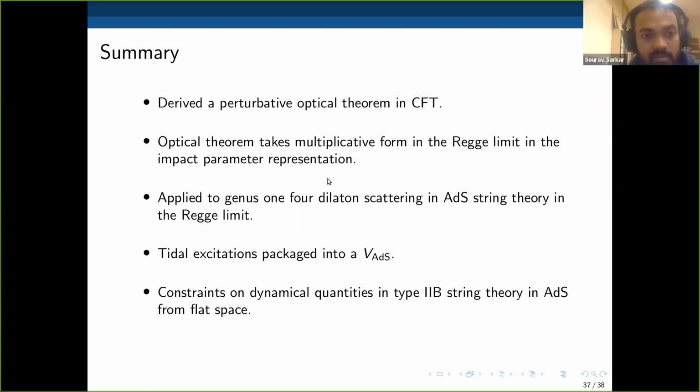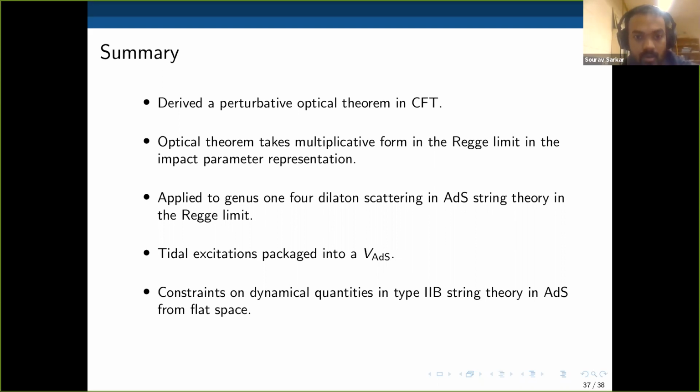Okay, so to summarize what we did, we first started with a perturbative optical theorem in CFT. In this theorem, we took two single discontinuities of tree-level correlators, and then we glued them with some shadow transforms. And then if we sum over single trace operators, we get the contribution to the double discontinuity of the one loop correlator from the double traces.